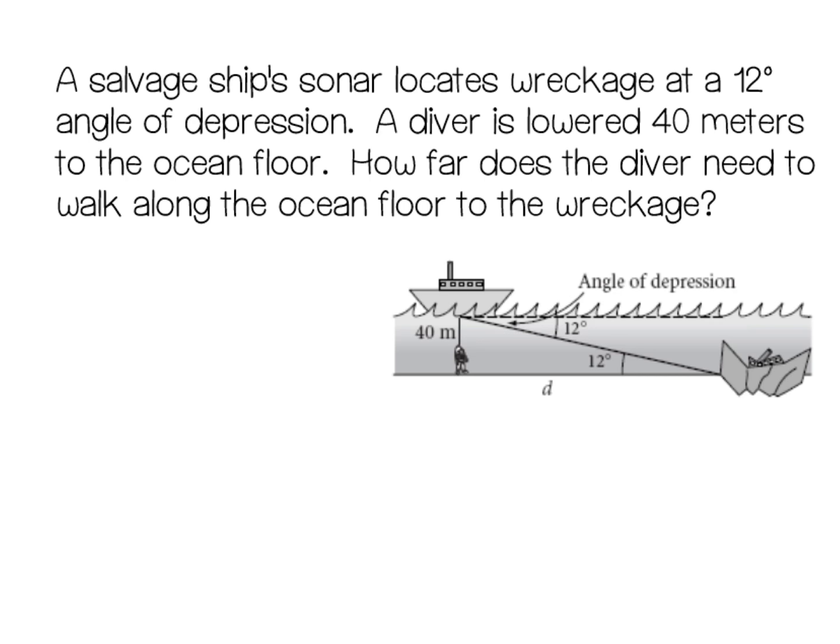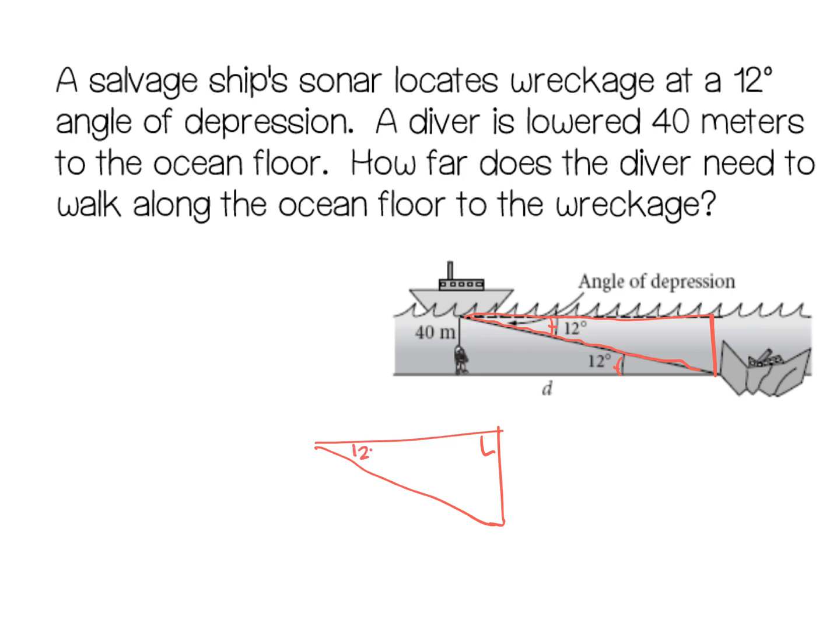I have it drawn out here for you, and this is what our triangle is going to look like. Because it's an angle of depression, that's what they're describing. But again, they have marked those congruent angles here. Here is my right angle. This is my 12-degree angle of depression.